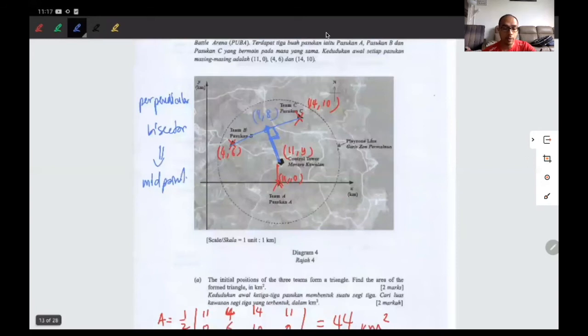Now, because you also see the word perpendicular, when you see the word perpendicular in coordinate geometry, it's always m1 times m2 equals negative 1. The reason why I want to do this is I want to find this equation. I need this equation if I'm going to find this value of y. I have no choice. But if I want to find this equation, I have to find this gradient first.